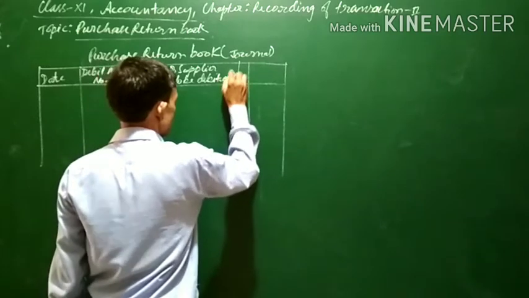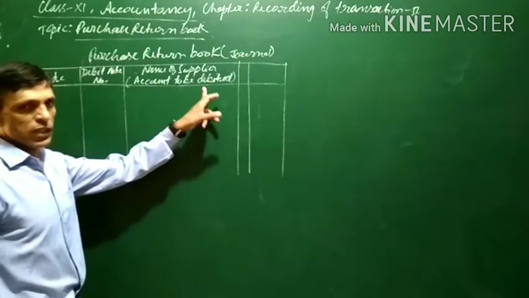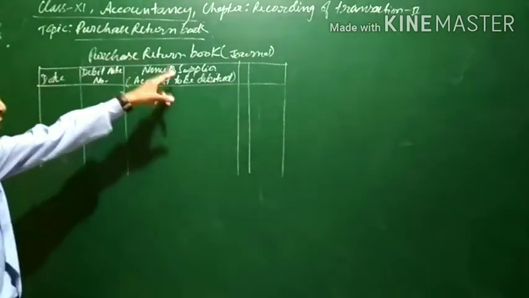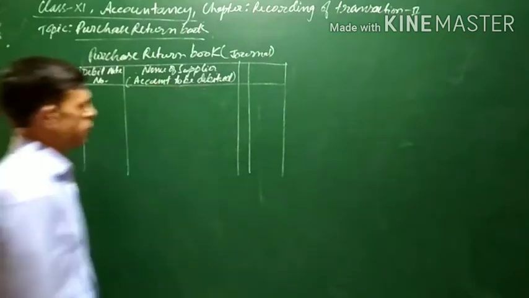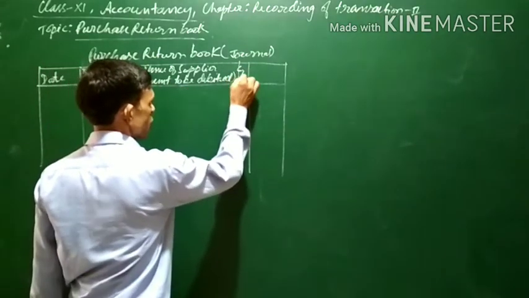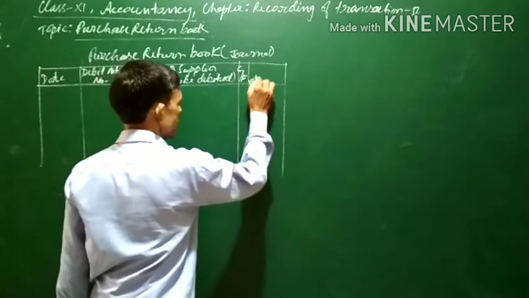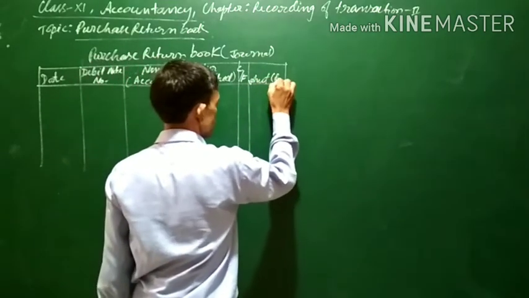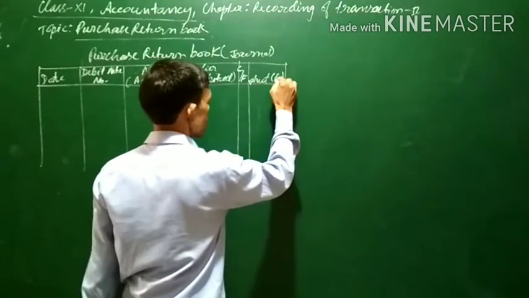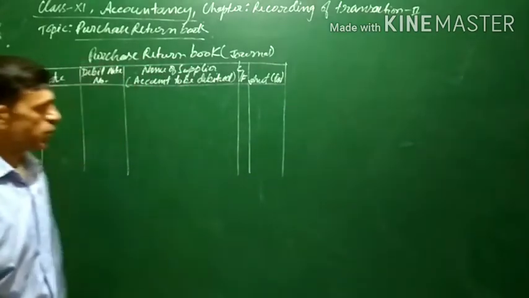In case of purchase book, we write account to be credited, but in case of purchase return book, we write account to be debited. The next column is of ledger folio LF, and then amount in rupees. This is the format of a purchase return book.